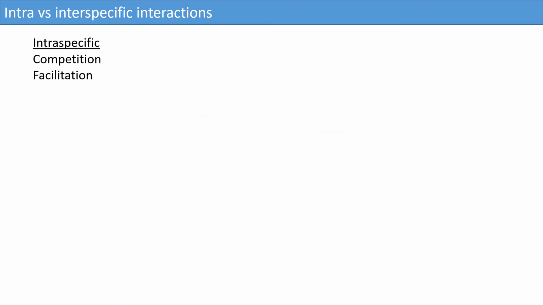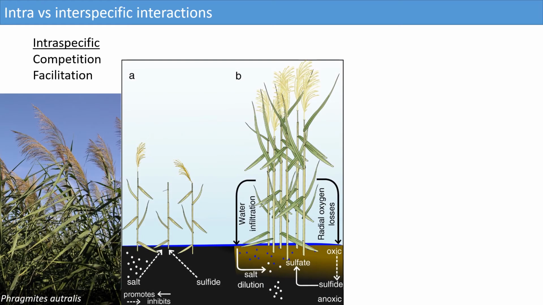Another type of intraspecific interaction is facilitation, where individuals from the same species can mutually aid each other to enhance their growth and fitness. This is the case of this water plant, Phragmites australis, which grows in saltwater marshes.